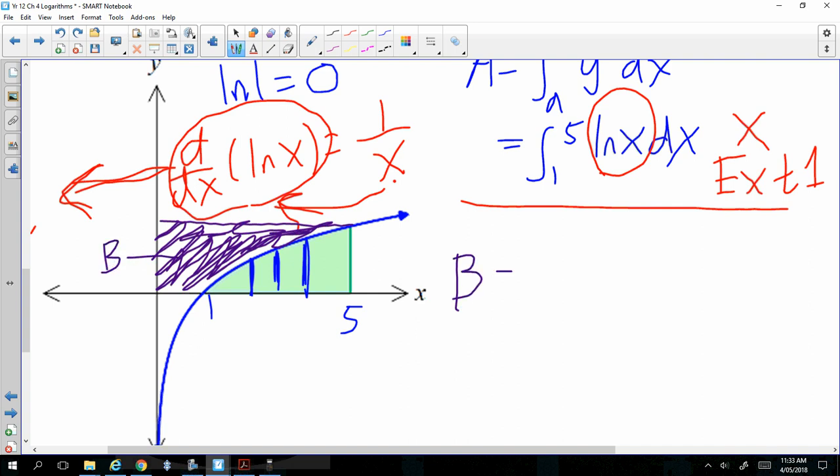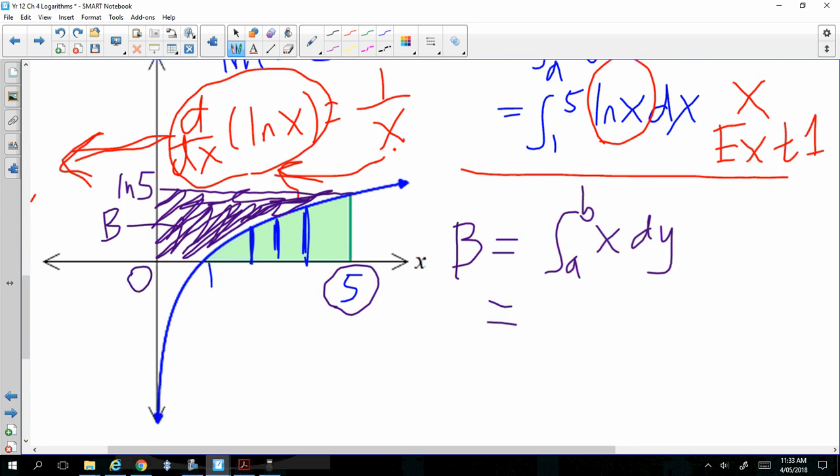And what we need to do is to work out the y value at 5. And the y value at 5 is exactly ln 5. Okay, so what you do is you write down from 0 to ln 5. x is now e to power y like we did before, because y is ln x, x equal to e to power y.